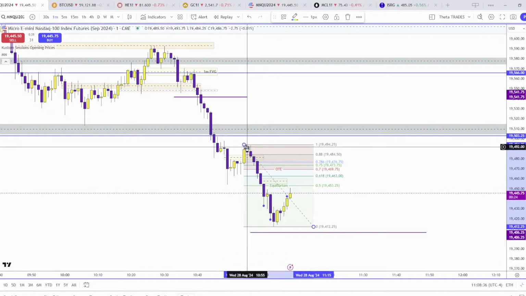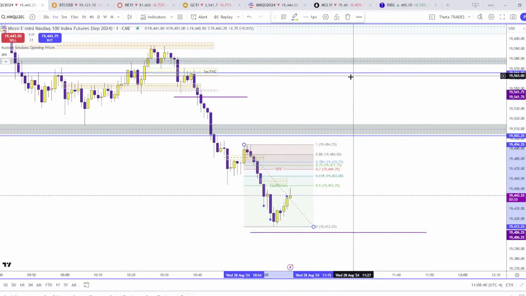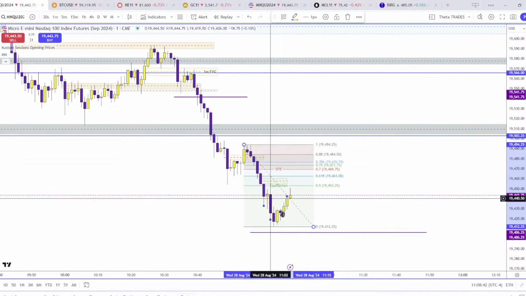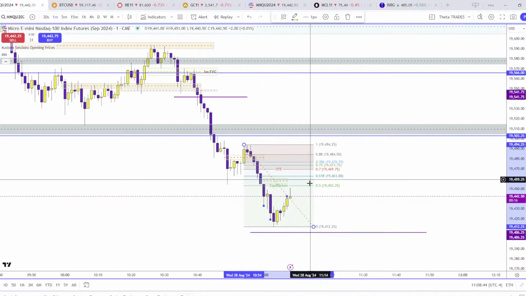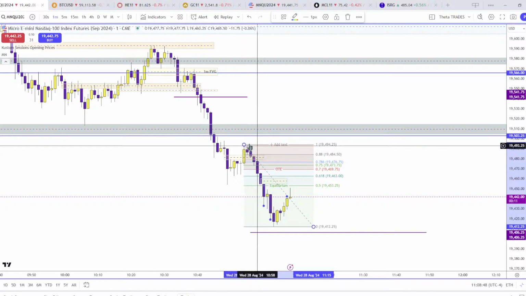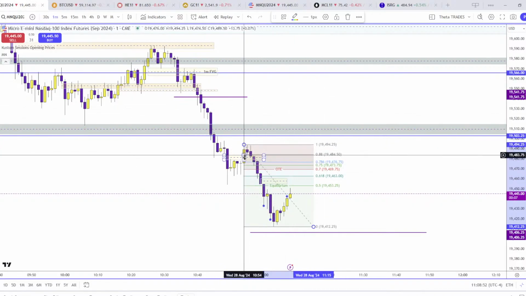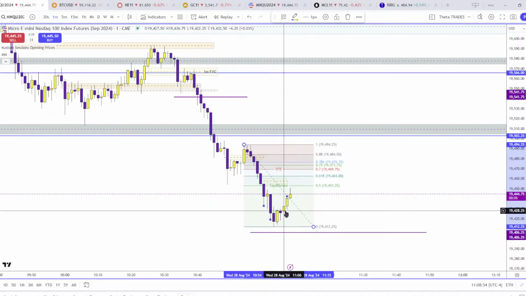So ideally, you want to see this high get taken out here before resuming back to a bullish stance again. You want to see this one get taken, find support at this, push through here. There's your final confluence that you have a break in structure to the upside. That candle needs to be taken out.